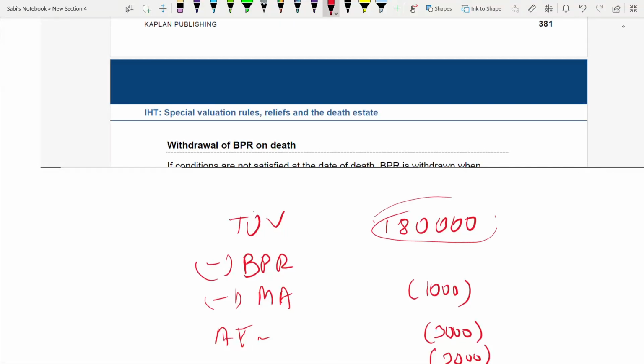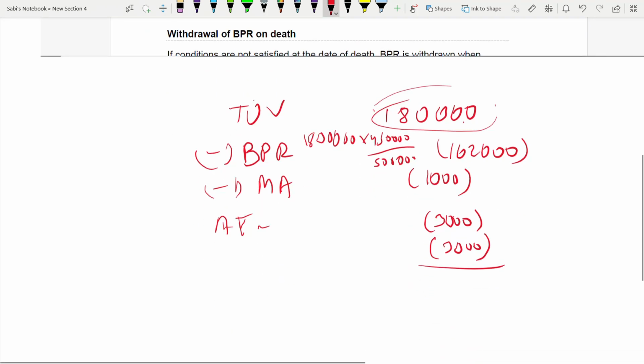BPR would have been 100% of 180,000, but now it is restricted: 180,000 multiplied by 450,000 over 500,000, because 50,000 is investment. So 162,000 is BPR. BPR has to be deducted before the marriage allowance and annual exemption. So the gross chargeable amount is 11,000.